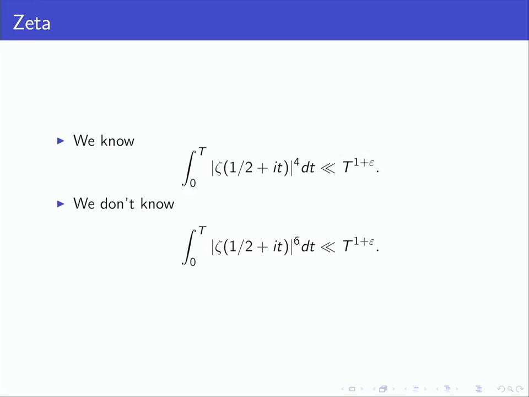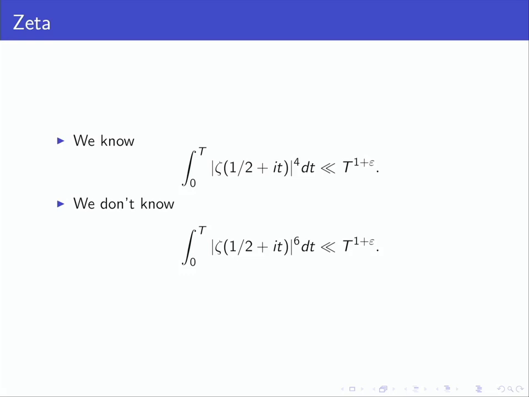Just if you are a fan of the zeta function, which everybody should be, then just keeping track of things. For the fourth moment, we have a good upper bound, which goes back about 100 years, I think, to Ingham. I tell my calculus students I always make up history, so I don't know anything.